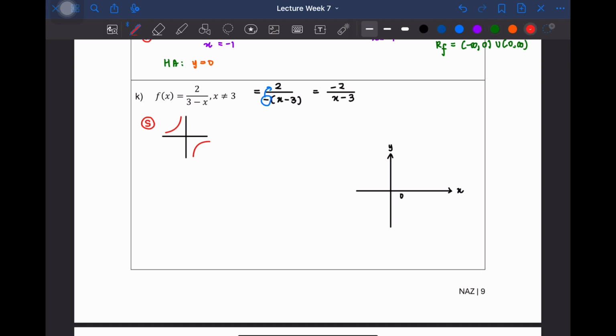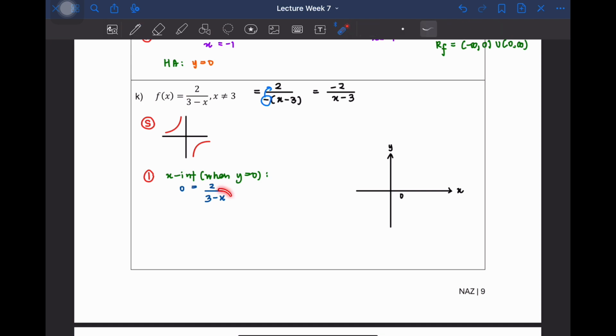Okay, next one is intercept. Okay, so for x-intercept when y is equal to 0. Okay, so kita akan ada 0 equal to 2 over 3 minus x.